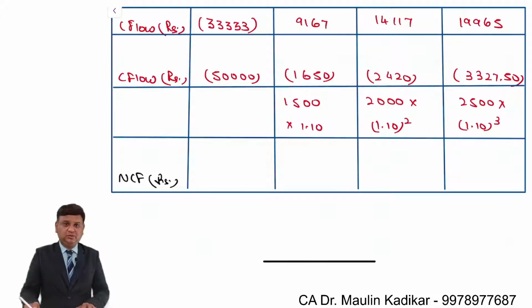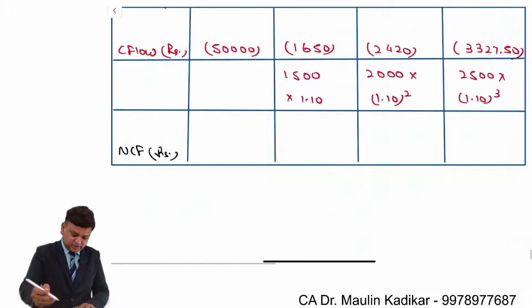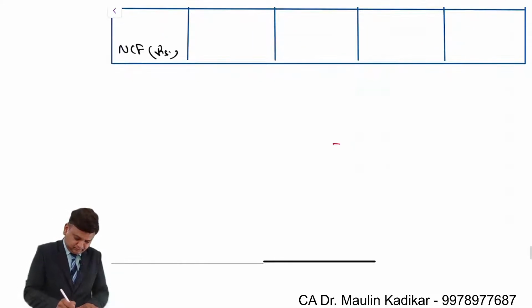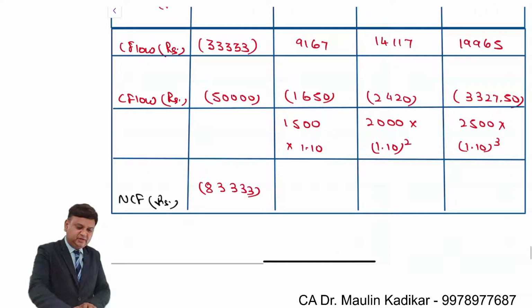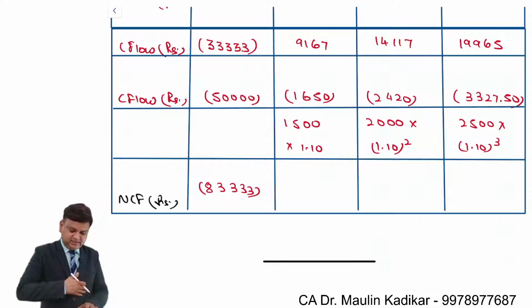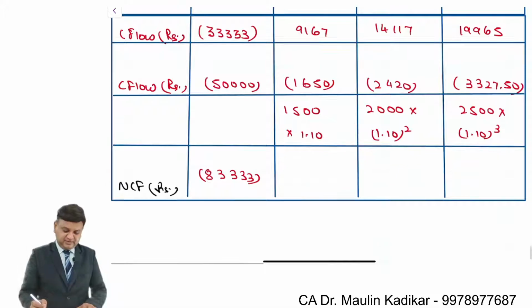So net cash flow is 83,333 outflow in year 0. End of year 1 it will be 9167 minus 1650, 7517.